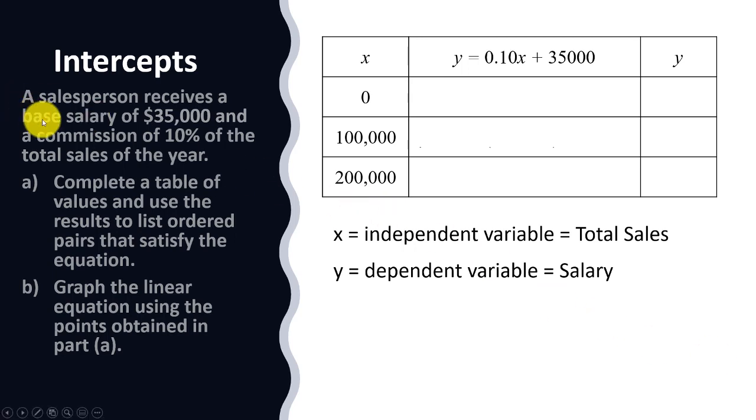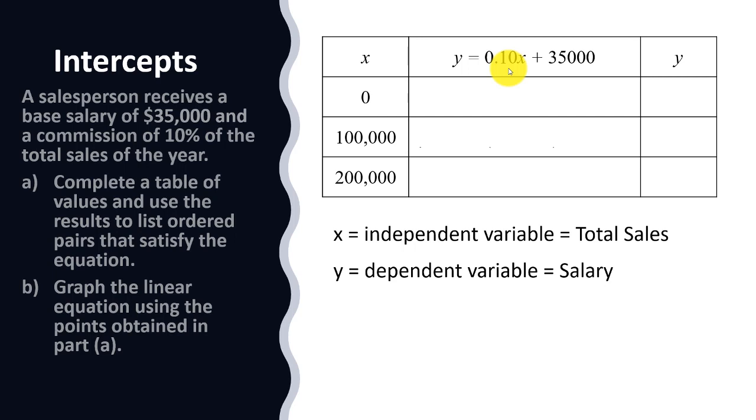Now we are given that the base salary is $35,000. That means if the salesperson doesn't sell anything for a year, he or she will still get a base salary of $35,000. So that's like your initial value. This turns out to be the same thing as the y-intercept. We'll see that when we graph it.